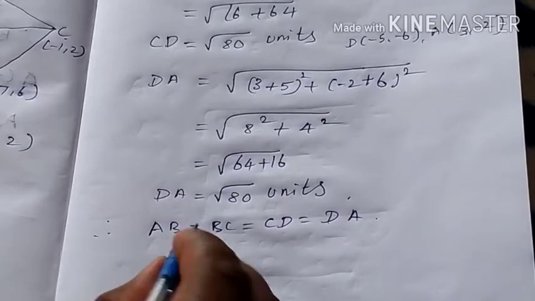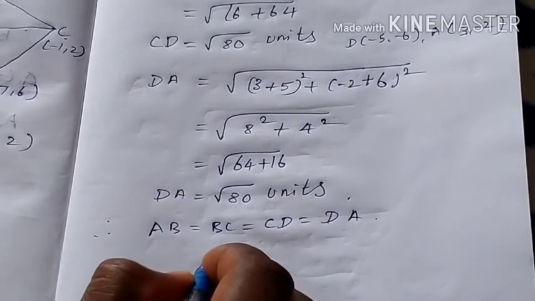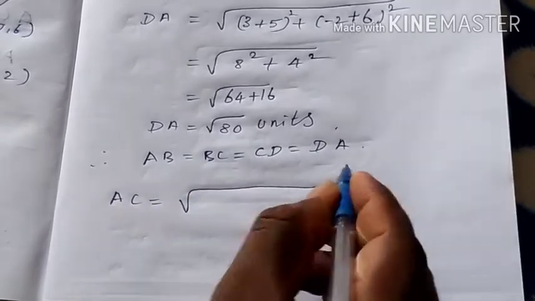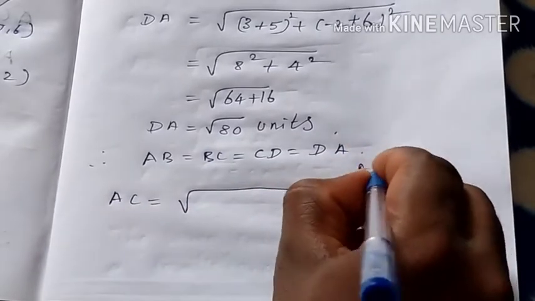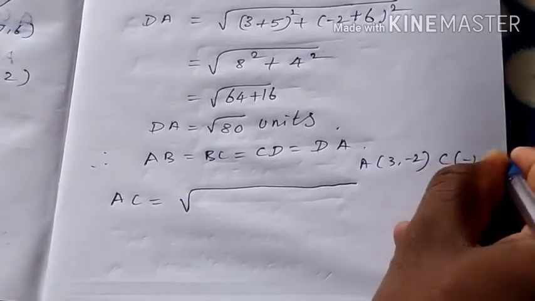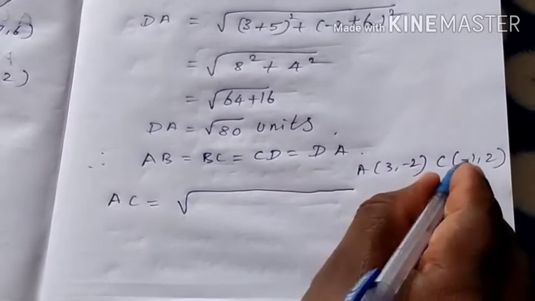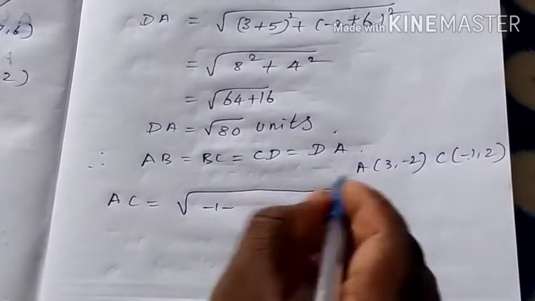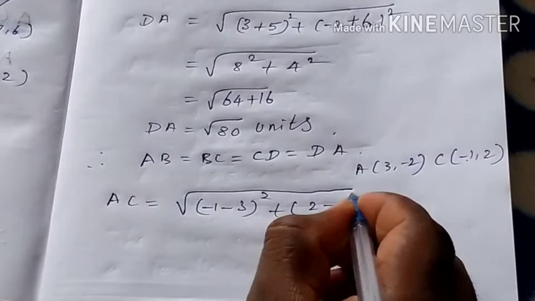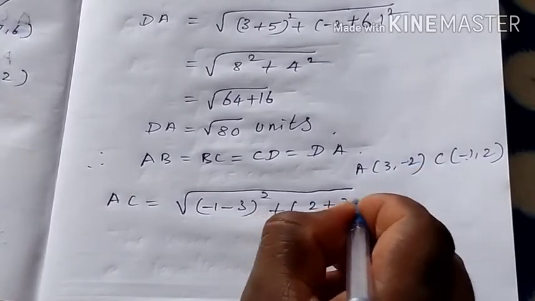Then check the condition, the diagonals are also equal. So AC is equal to the square root of the diagonal value. A is (3, minus 2) and C is (minus 1, 2). Apply the formula (x2 minus x1) the whole square plus (y2 minus y1), minus into minus plus, 2 the whole square.